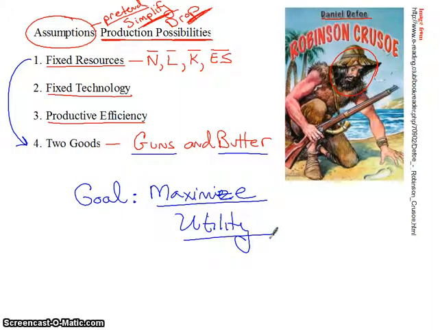That's what Robinson Crusoe and the rest of us are trying to do. So on the next podcast, we will look at how Robinson Crusoe tries to maximize his utility, choosing between guns and butter.